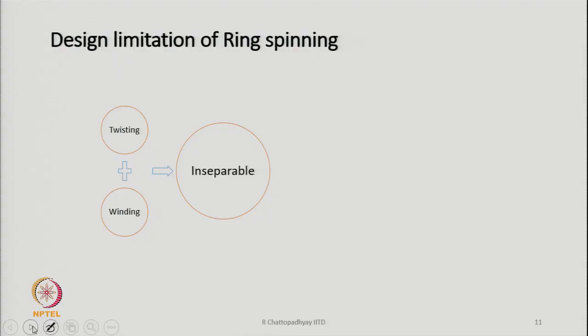A design limitation of ring spinning: in ring spinning, the twisting and winding operations are inseparable, that is, we cannot separate them out. The spindle is the prime mover, it rotates and it transmits rotation to the traveler, and the traveler as a result runs on the ring.